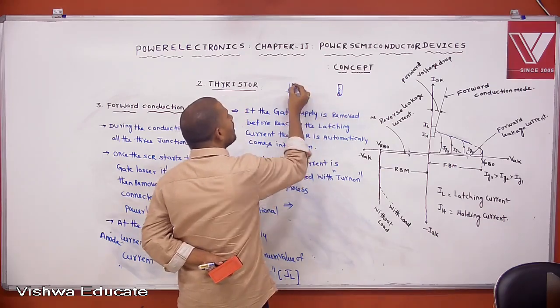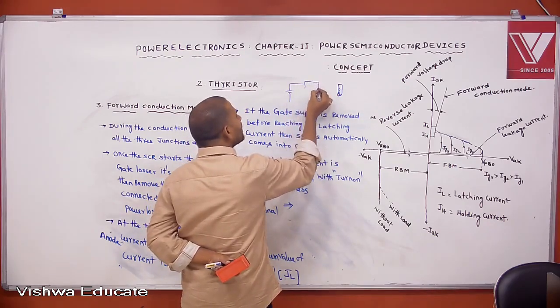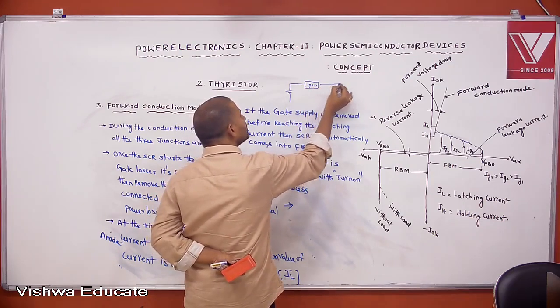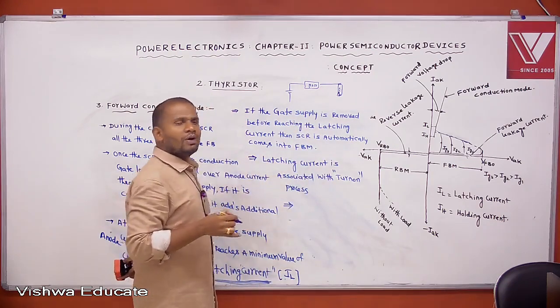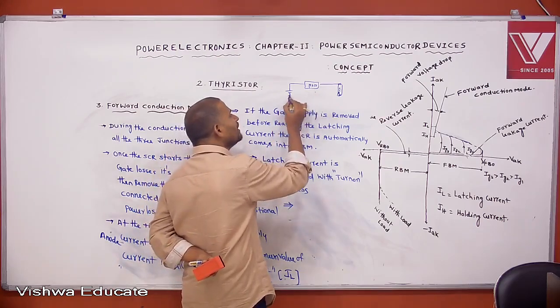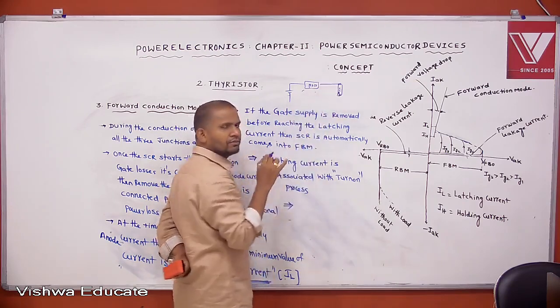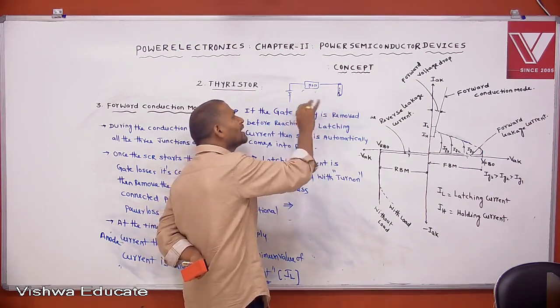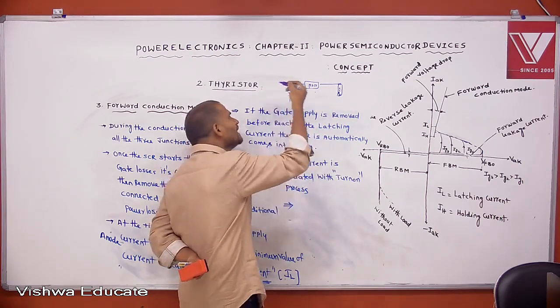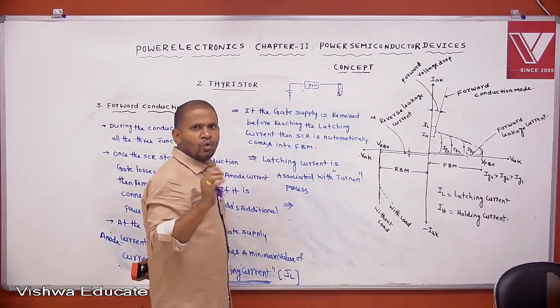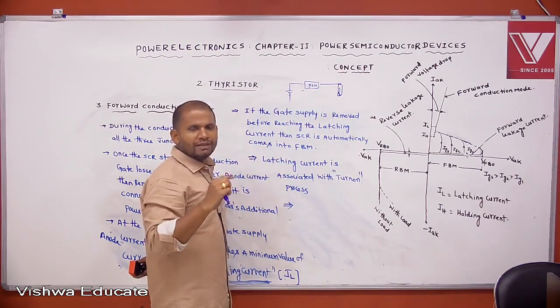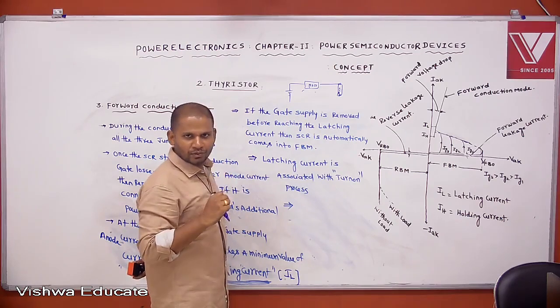In between this we are placing one power semiconductor device. What is the purpose of placing any device between load and source? You want to convert the power or control the power. If you want to convert or control the power, you cannot allow continuous conduction. You want to make on and off control. Then only conversion and control is possible.